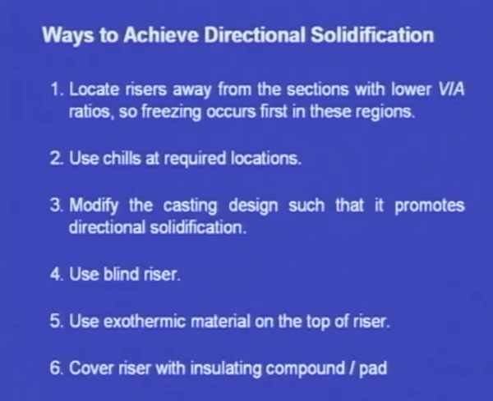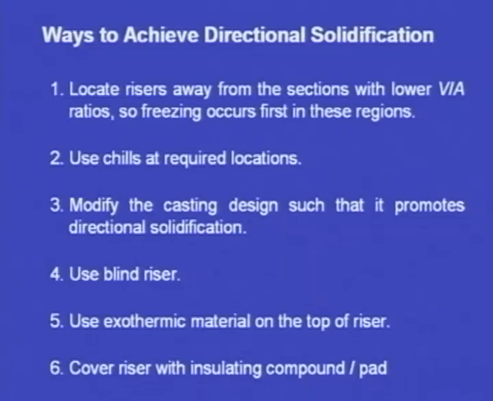Now, this directional solidification is very important to prevent shrinkage cavities. And how to achieve this directional solidification? One is, the risers should be located away from the sections with lower volume by area ratio. Lower volume by area ratio means what?